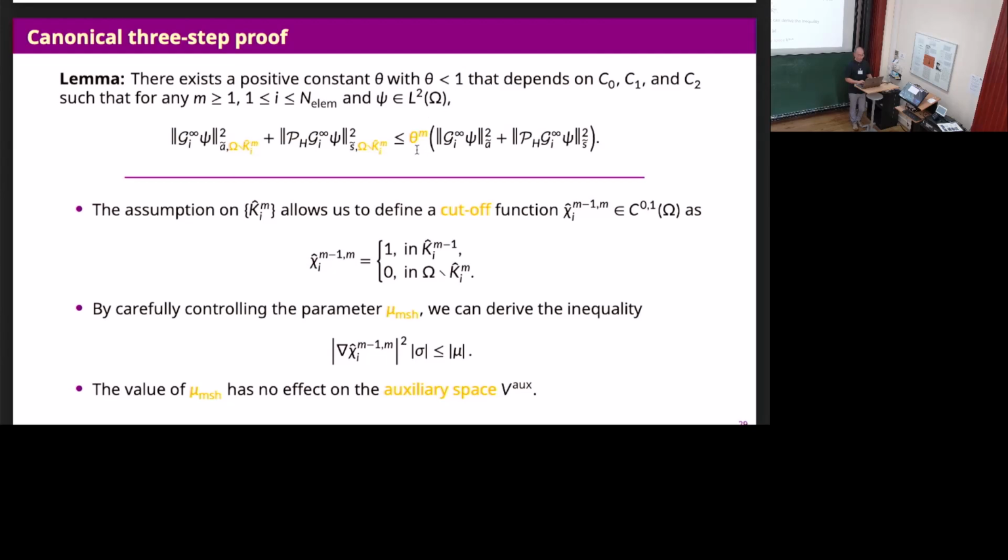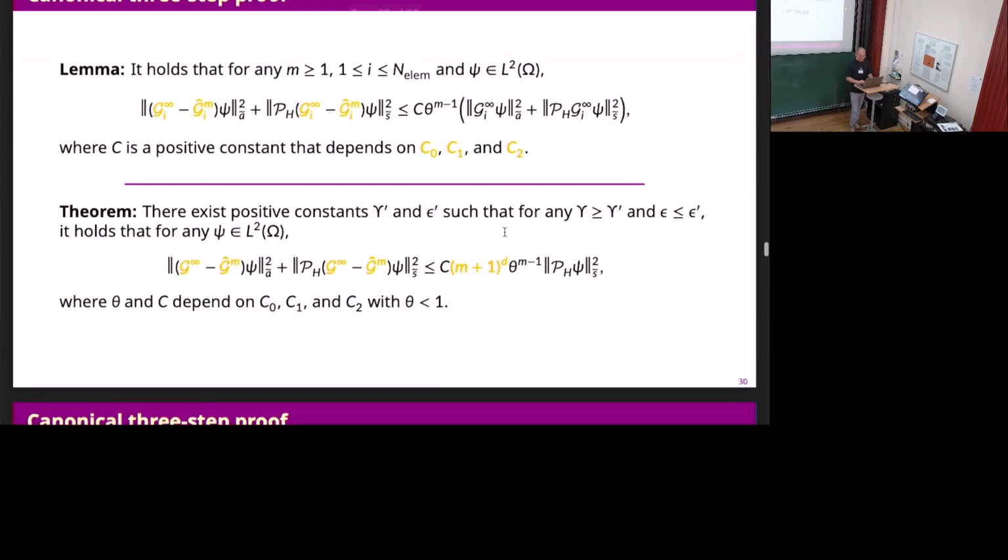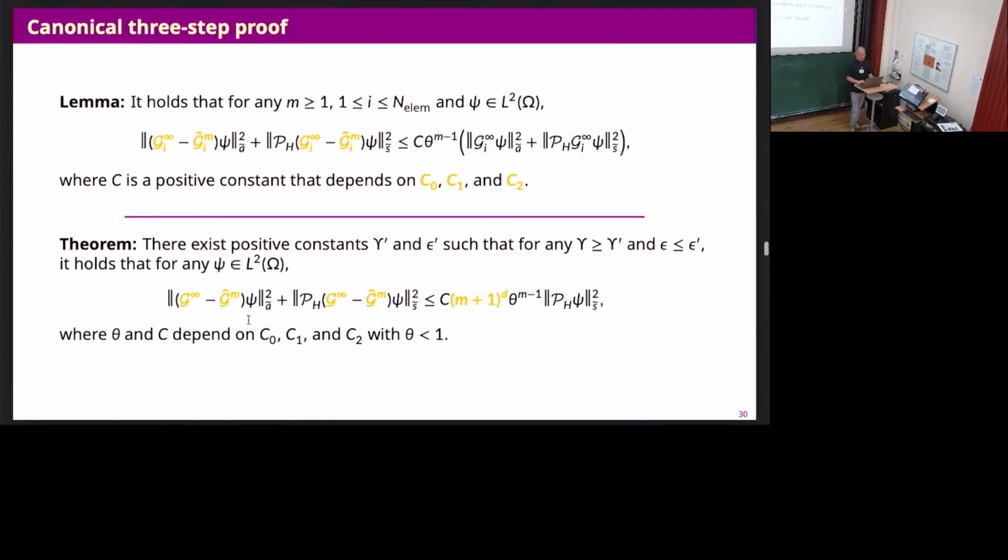Again, this theta is bounded away from 1. This means that if you choose m to be a few layers, then this number is already small enough. The analysis is based on quite standard steps, and this is the final result. We compare the two bases, one global and the other local, and we get this final bound, which depends on theta to some power n minus 1.